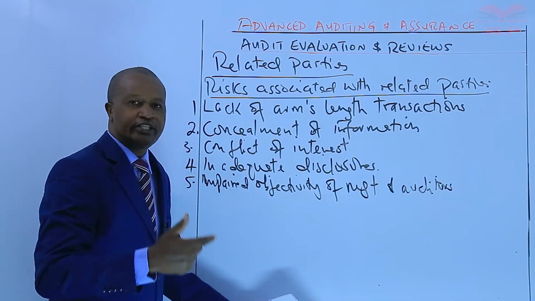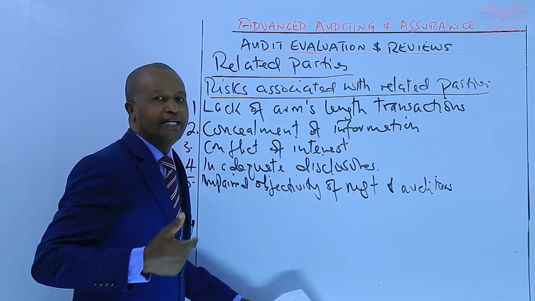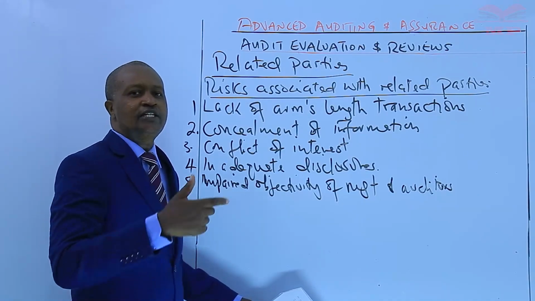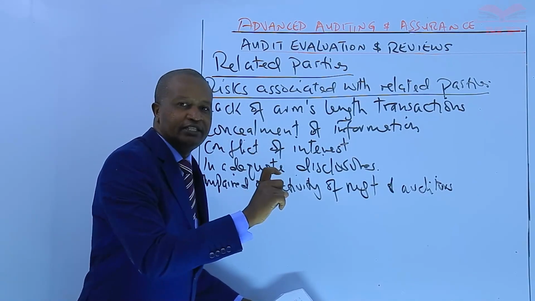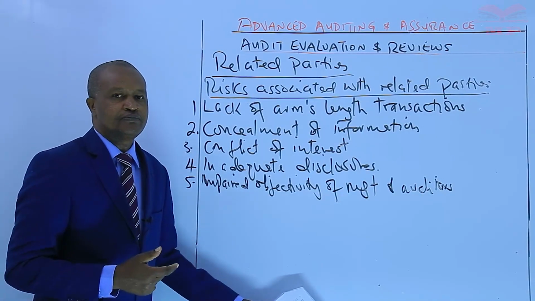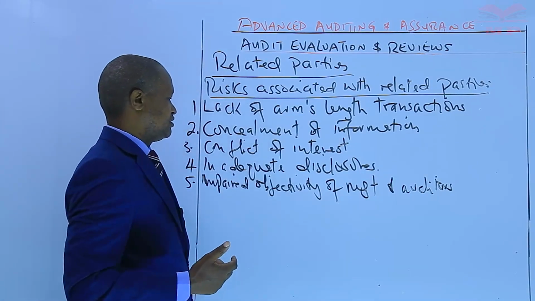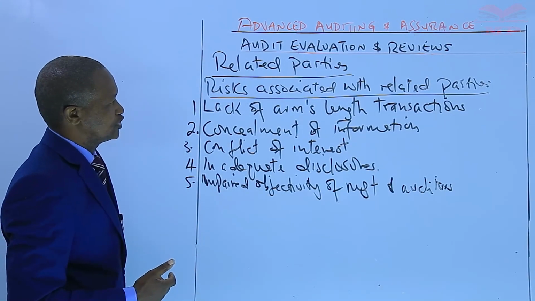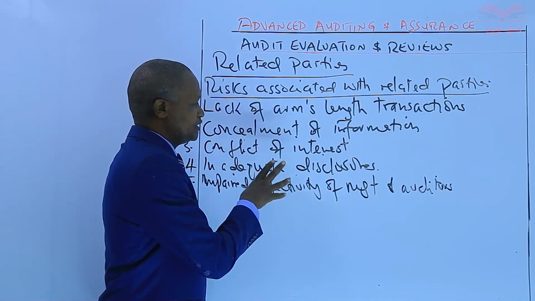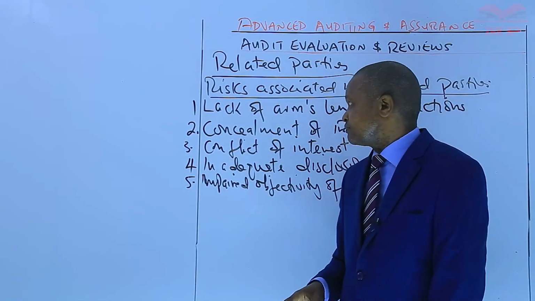Similarly, auditors may face challenges in maintaining independence and objectivity when dealing with related parties, transactions, and relationships. So that's another risk associated with related parties: impaired objectivity of management and auditors.